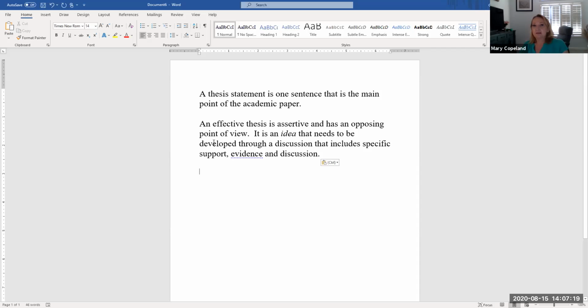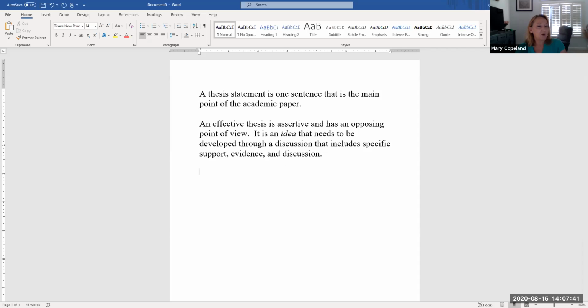An effective thesis is assertive and has an opposing point of view. That's really important to remember. It's an idea that needs to be developed through a discussion that includes specific support, evidence, and discussion. I think that wants a comma there.